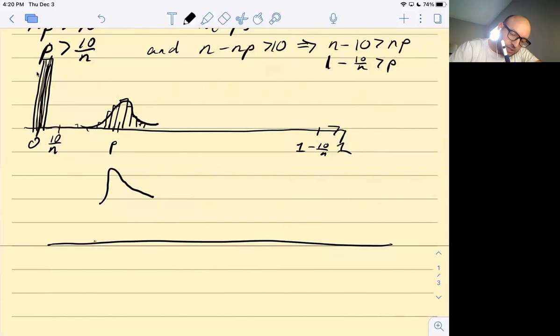And let's say p is equal to 0.02. This is going to be 1.